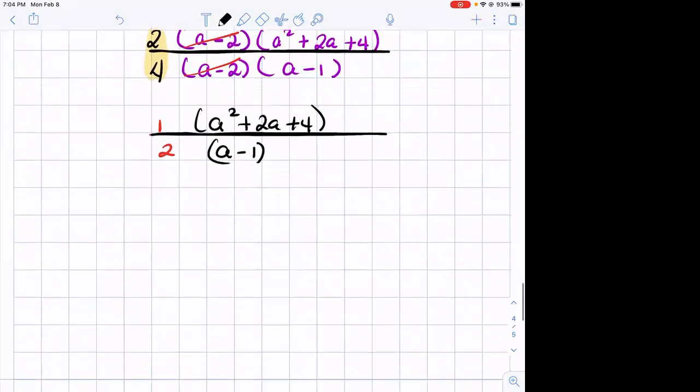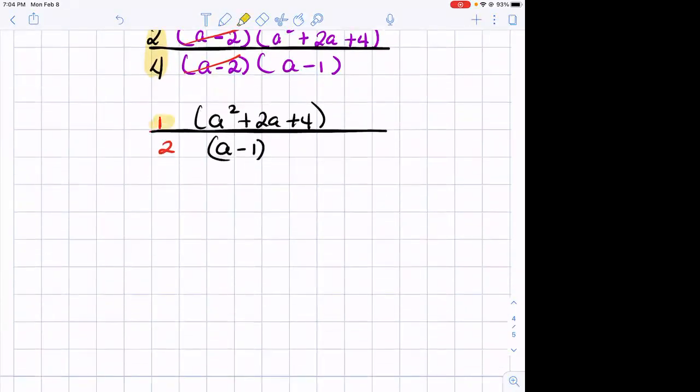There is no need to write the 1 here, so I can rewrite this as a squared plus 2a plus 4 over a minus 1.